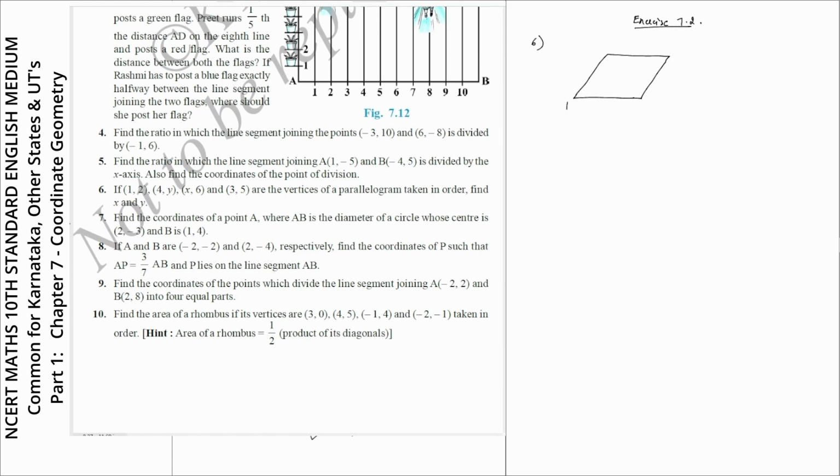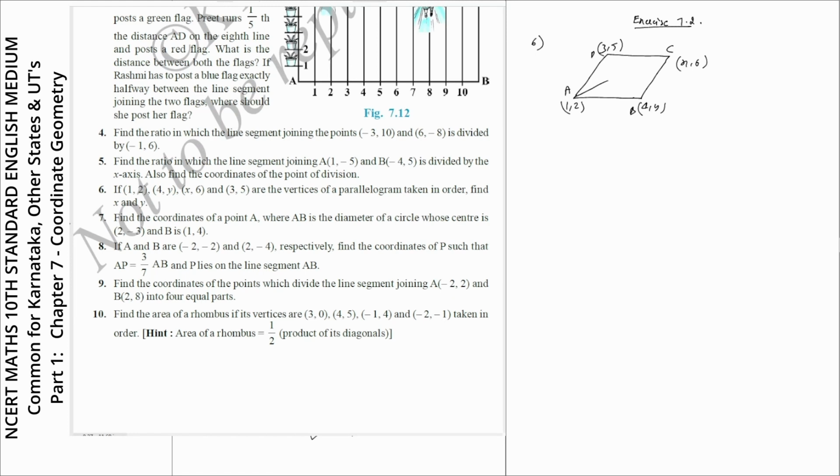This may be 1 comma 2, this could be 4 comma y, this could be x comma 6 and this could be 3 comma 5. So I'll call these A, B, C, D.